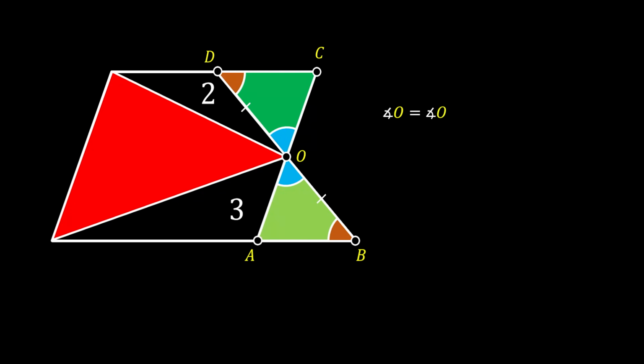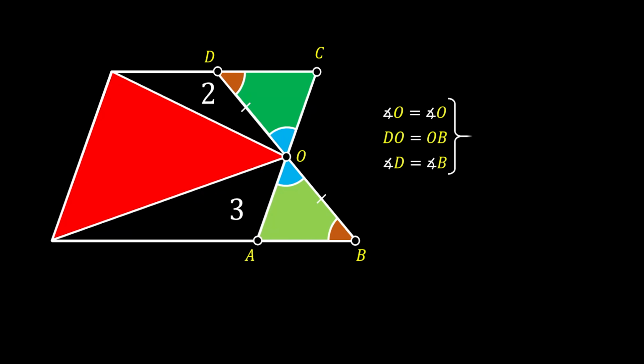We have that both angles at the point O are identical for both triangles, and the angle at the point D is identical to the angle at the point B. But we also know that the line DO is equal to the line OB, since the point O is the midpoint of the line DB from the condition of our problem.